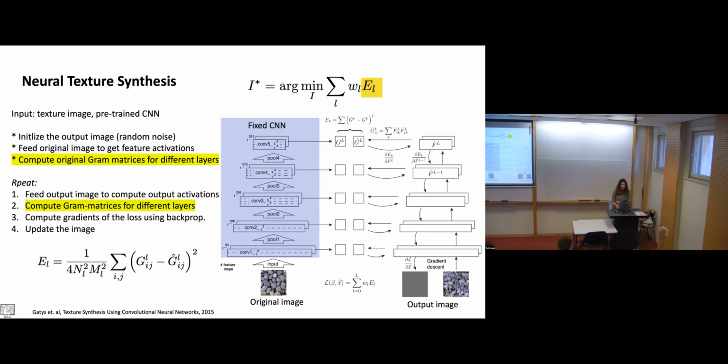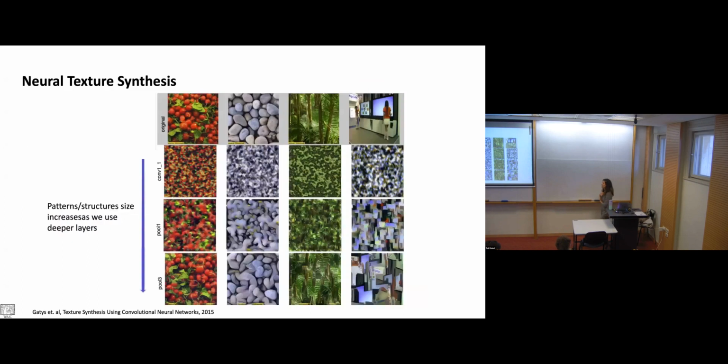Okay. And just to see the effect of applying the loss on specific layers, you can see that again, as we've seen, very early layers that are close to the pixels don't really capture large-scale semantic structures in the images.